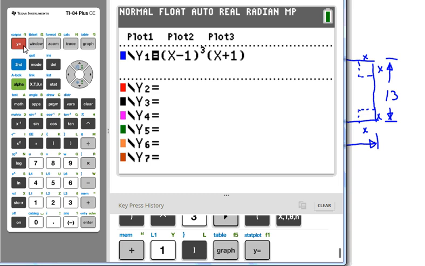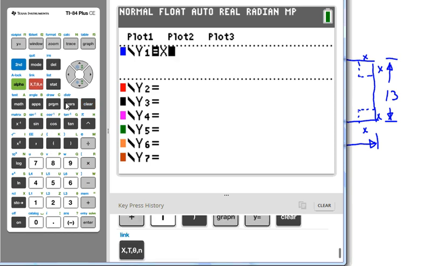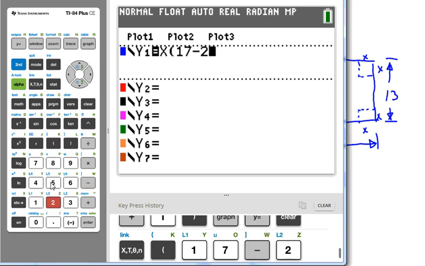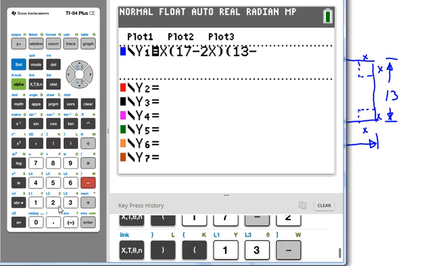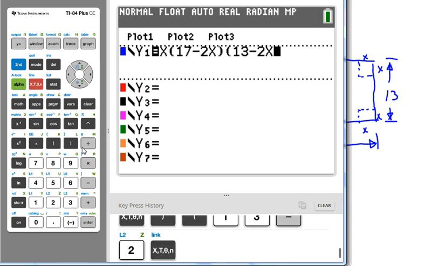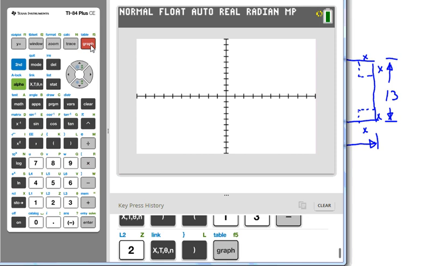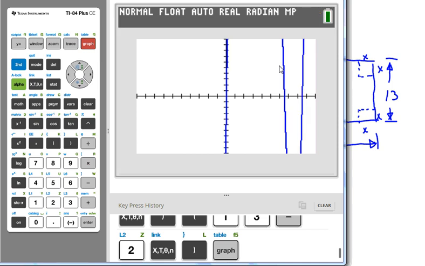We go to the function editor, and we have x times quantity 17 minus 2x and times quantity 13 minus 2x. And when we graph this function, we don't see a whole lot.